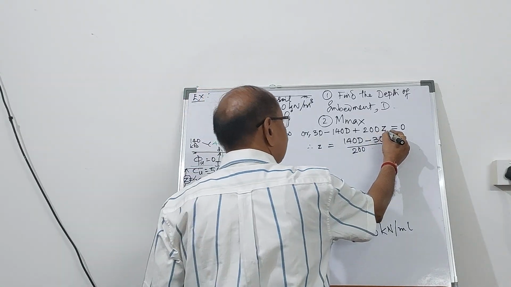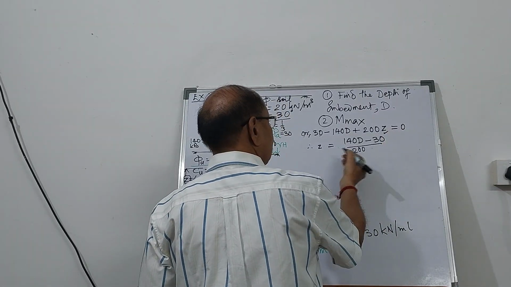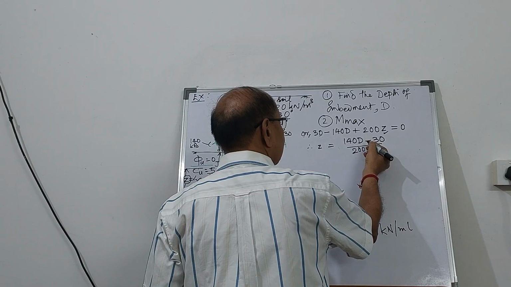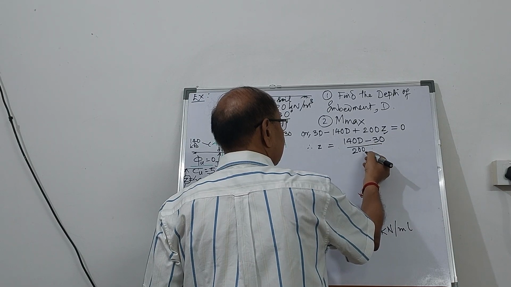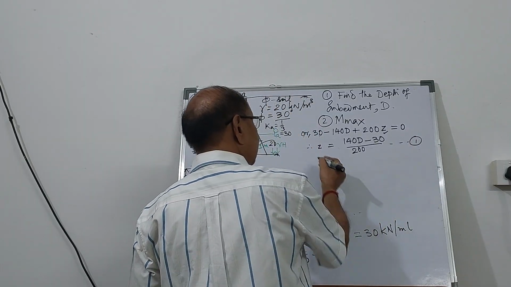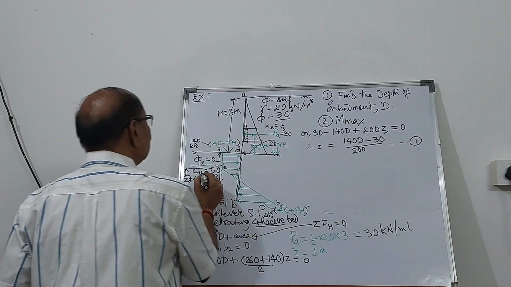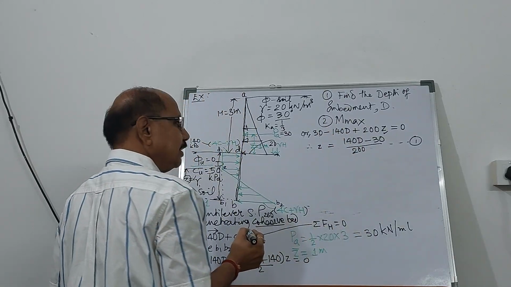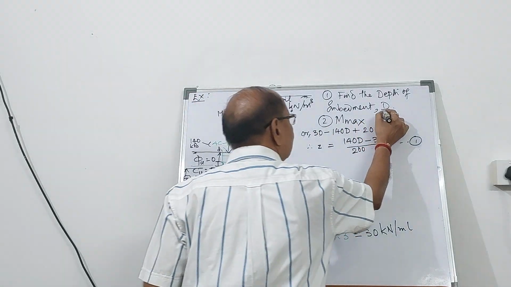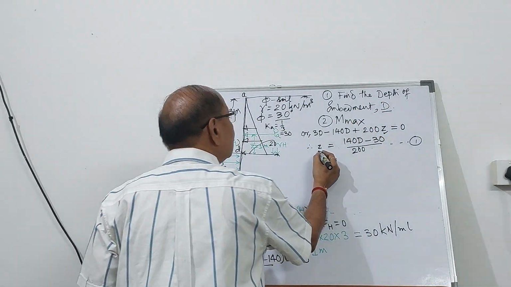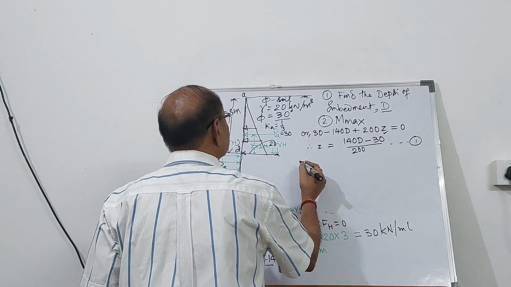So the value of Z can be easily found out. 140D minus 30 divided by 200. So this Z you have found out in terms of D, and D is unknown, which you want to find it out. Now sigma fh equal to 0 has given you the value of this Z.